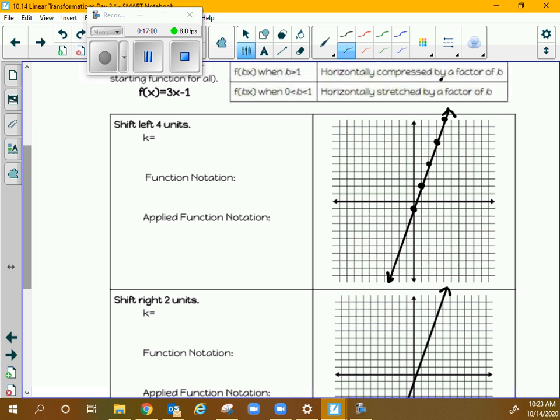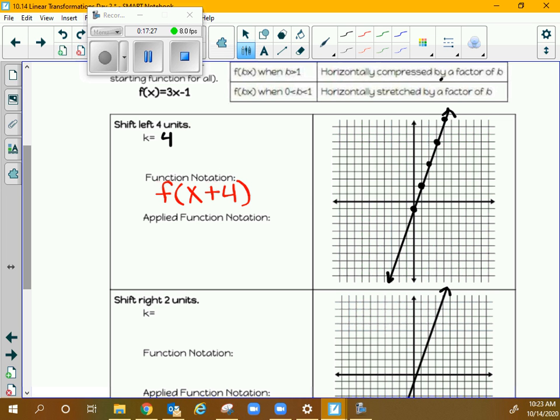So the rule is going to seem really strange because we associate left not with addition, but with subtraction, but in reality, our k value is 4, and my function notation rule is f of x plus 4, because I have to increase the y-intercept to move that line left.